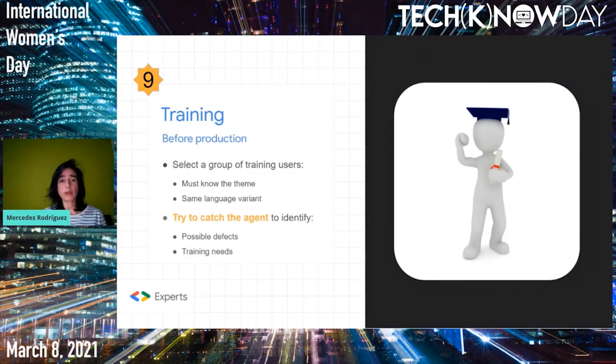For example, if it's for customer assistance, having people from the customer service to try it could be great because they know what the frequent questions are and how the users ask them, so they can try to catch the agent and challenge it to identify possible defects in the design and also possible training needs. So we can correct all this and improve it before launching the agent to production.